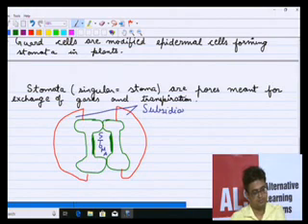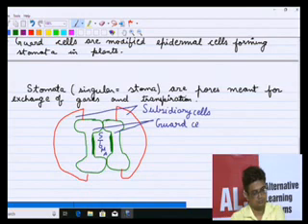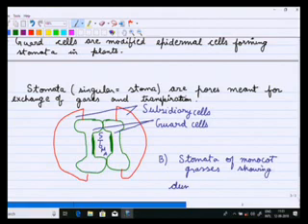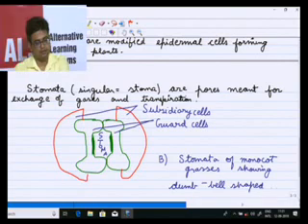Subsidiary cell, guard cells, and you can write this is the stomata of some monocot grasses, showing dumbbell shaped guard cells.